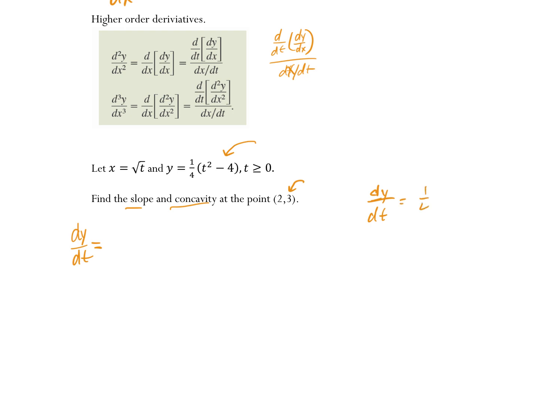We'll have the 1/4 out front times 2t, which is just t over 2. And dx/dt, well, x is really t to the 1/2, so the derivative is 1/2 t to the negative 1/2.